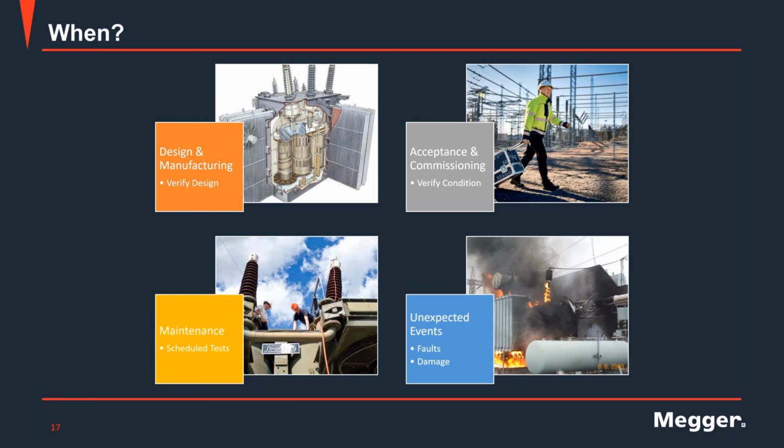Then you do connections, what's commonly referred to as internal connections. If you need to construct a delta or a zigzag connection or even a Y, you want to make sure those connections are made correctly, according to the design.